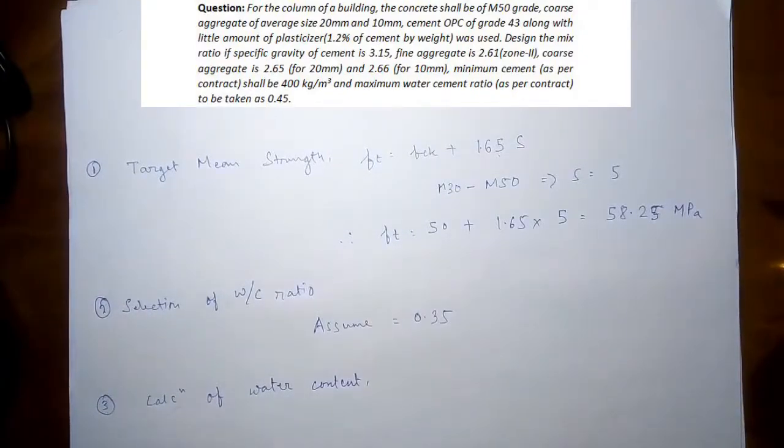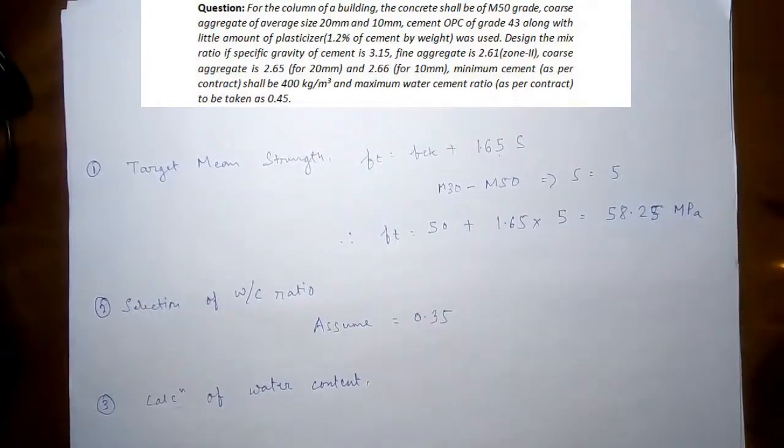So if you check table number 5 of IS 10262, for the 20 mm max size of aggregate we use approximate water content as 180 kg per meter cube.